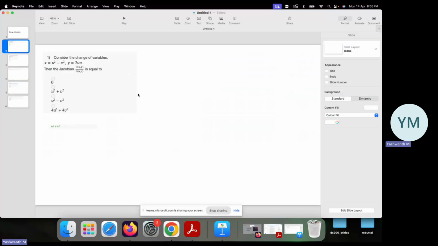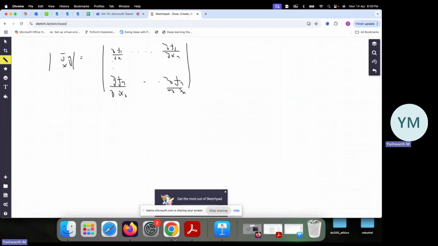So we are given x is u squared minus v squared, y is 2uv, and we are asked the determinant of the Jacobian of xy with respect to uv.